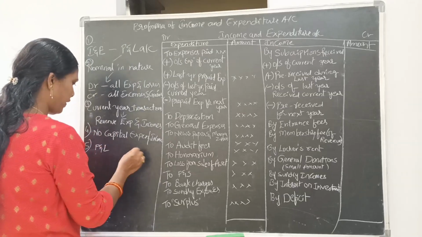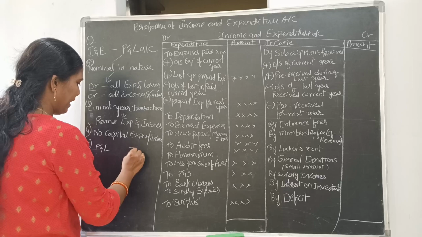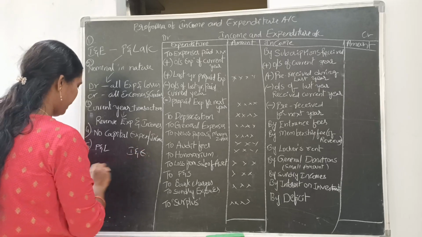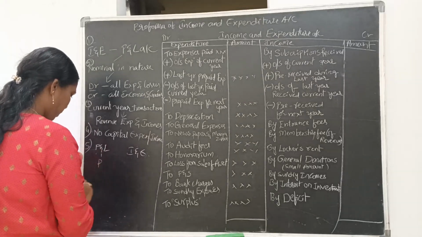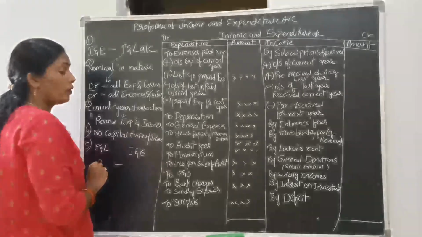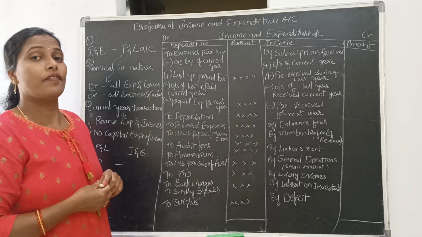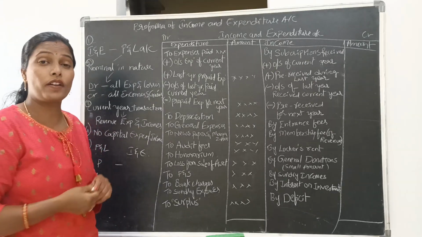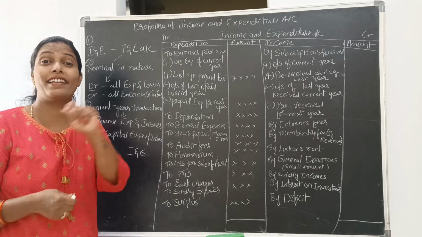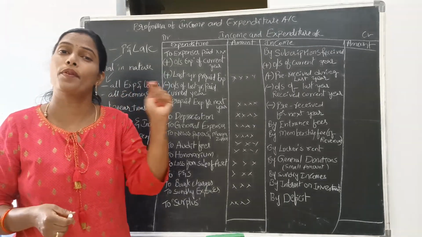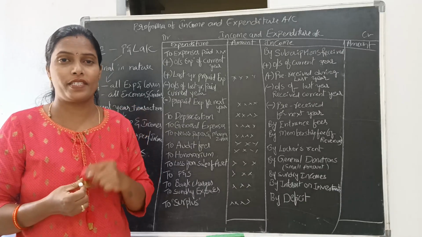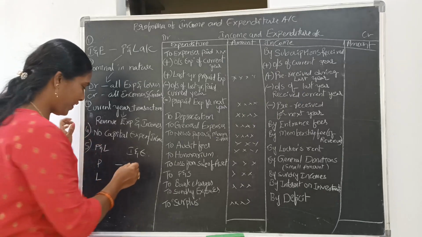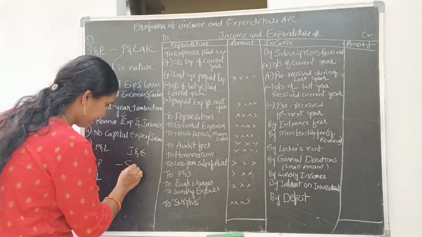In the profit and loss account, we find either profit or loss. But this is a not-for-profit organization, clearly mentioned, not for profit. These are service motives, so we don't use the word profit. Instead of profit, we use the word surplus.